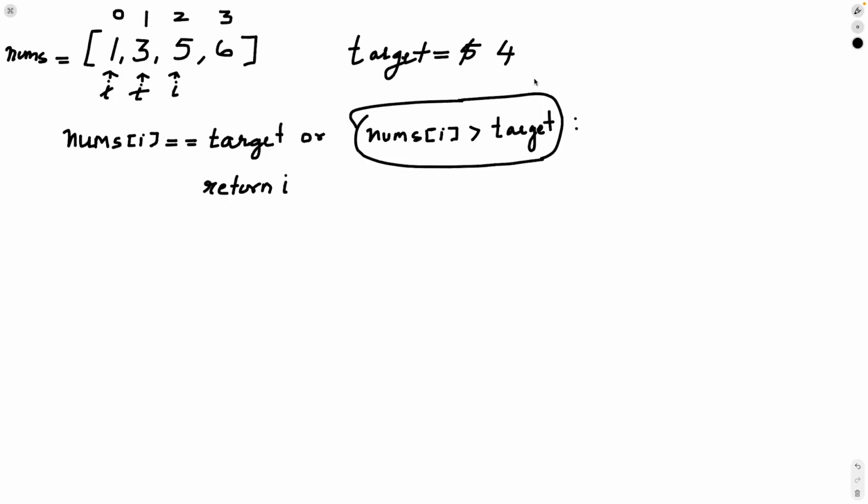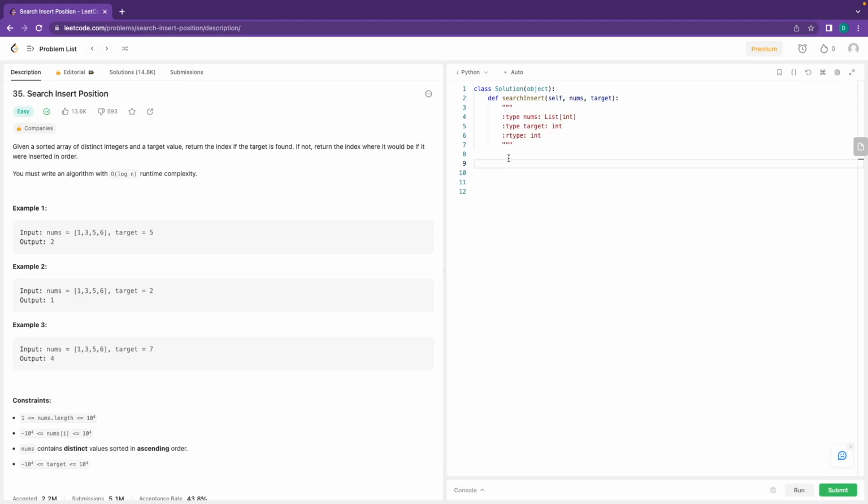Now let's just quickly look at how to code this. So the code is very simple. It's just a 2-line code, as I mentioned.